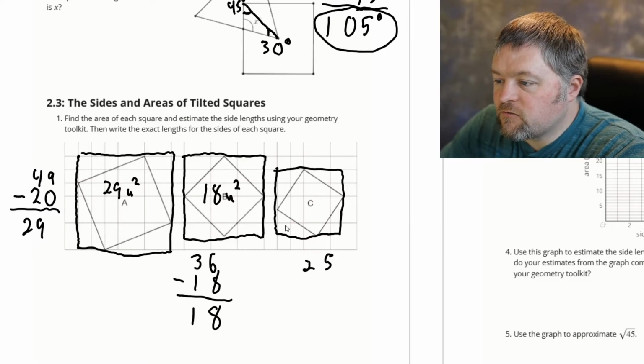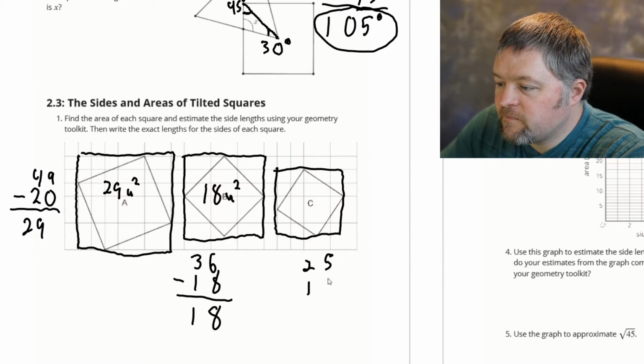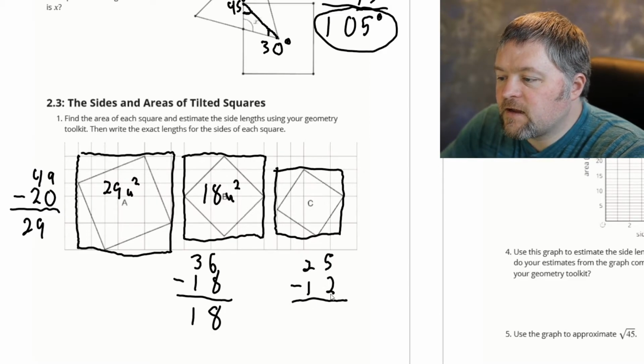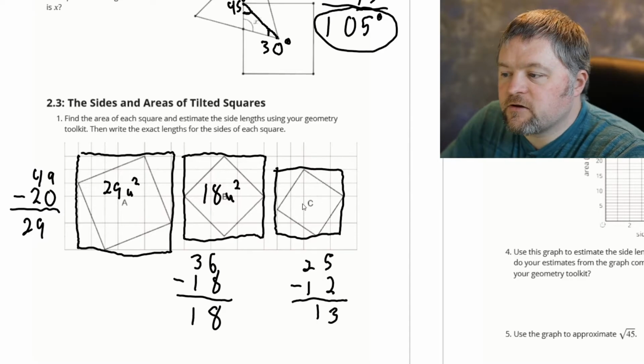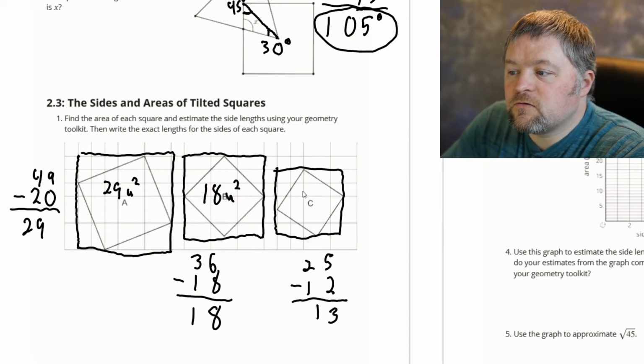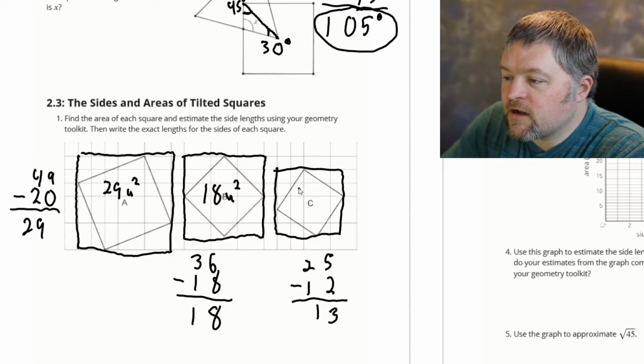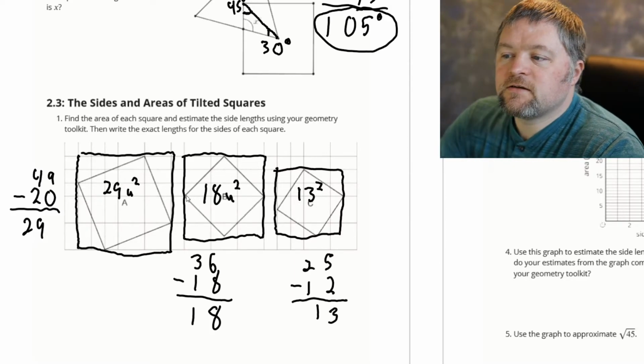Over 2 is 3. So the outer area is 3, 6, 9, 12. 12 units. 25 subtract 12 is 13, so square C has an area of 13 square units.